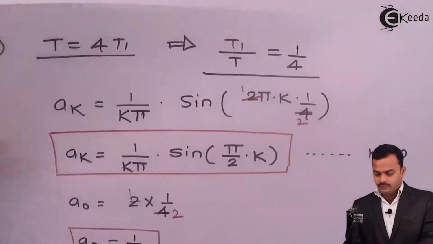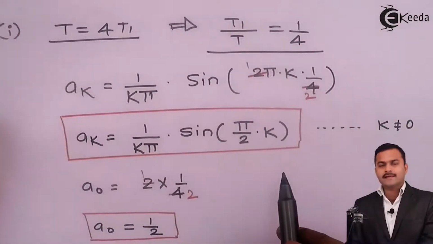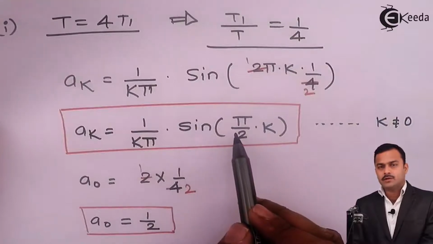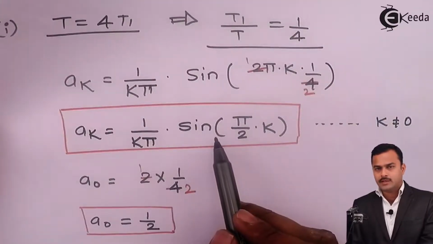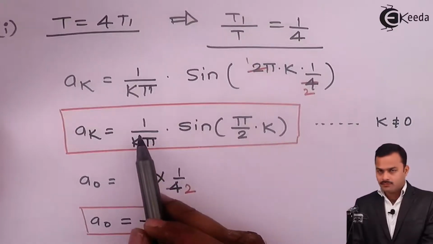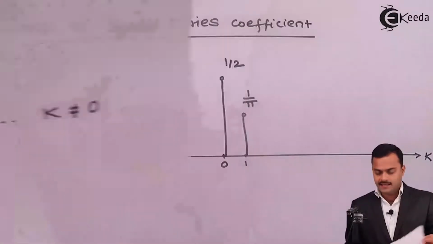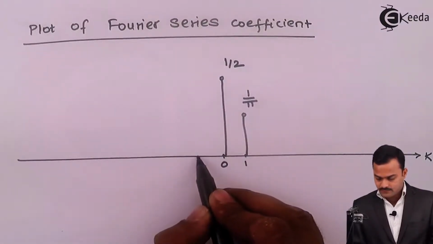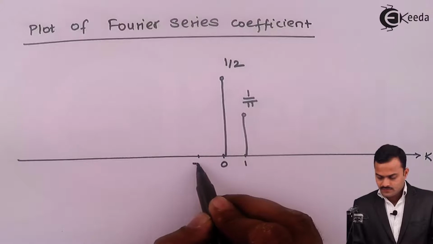Same will be true if I have k as minus 1. So if k is equal to minus 1, sine minus pi by 2 is nothing but minus sine pi by 2, which is minus 1 in the end. And k is minus 1, so that minus will get cancelled in the end. For k equal to minus 1 also I am getting the same value, which is 1 upon pi.